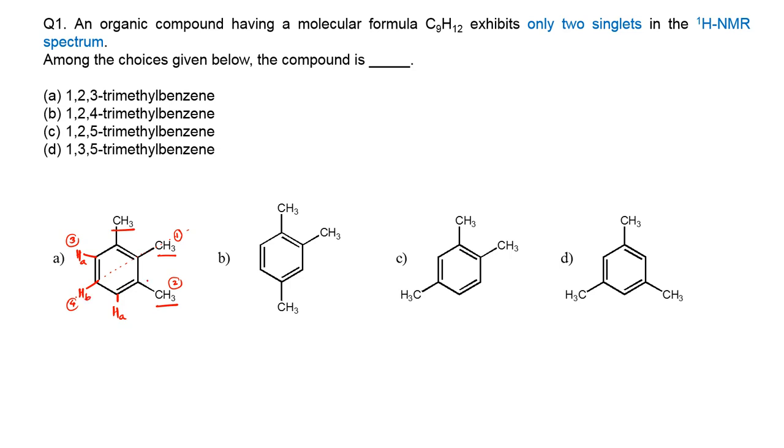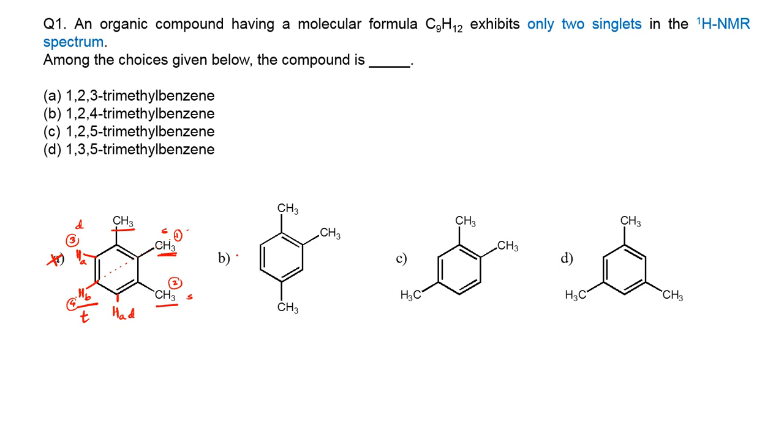So we are not expecting two singlets, because this CH3 will give a singlet, and these two CH3s will again give a singlet. The HA protons, both of them, will couple with HB and give a doublet, while HB, having two neighboring HA protons, will give a triplet.